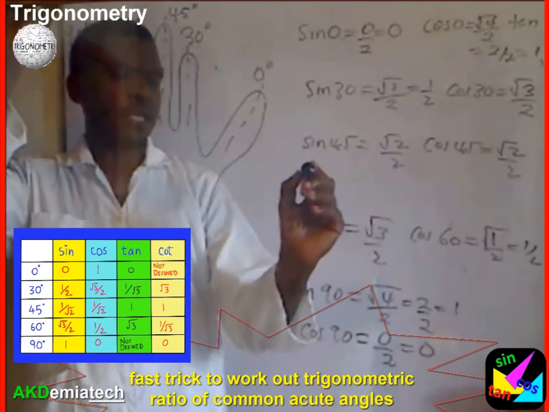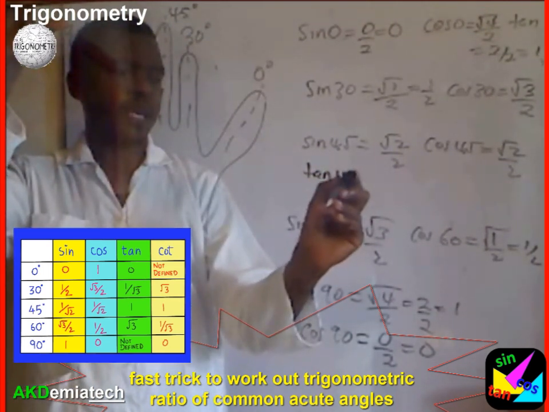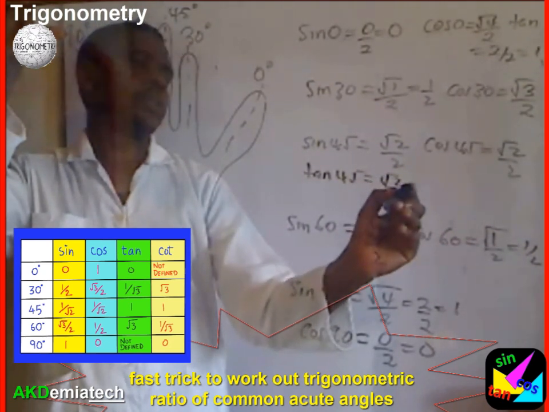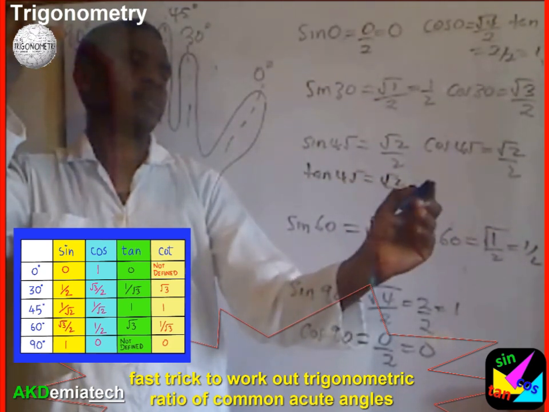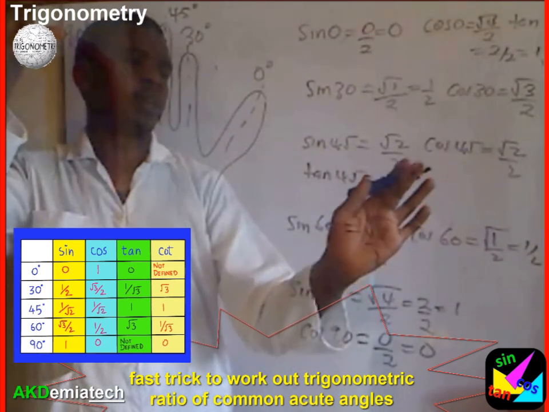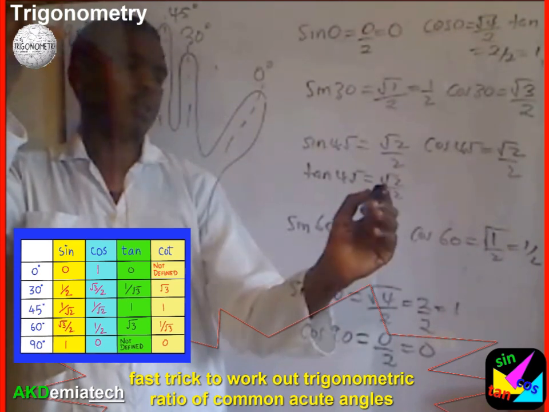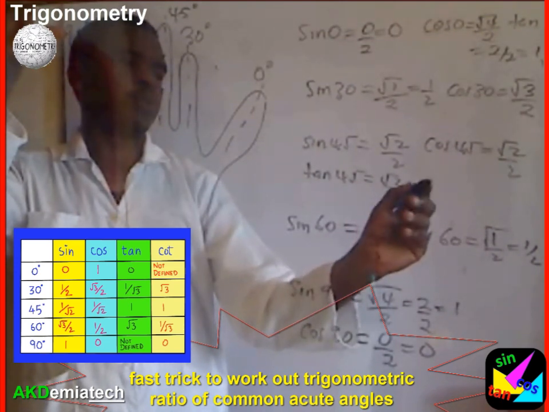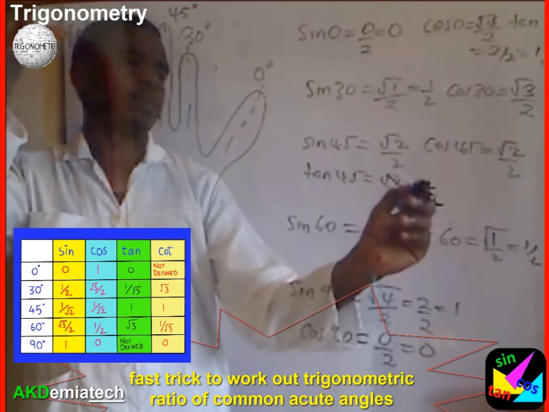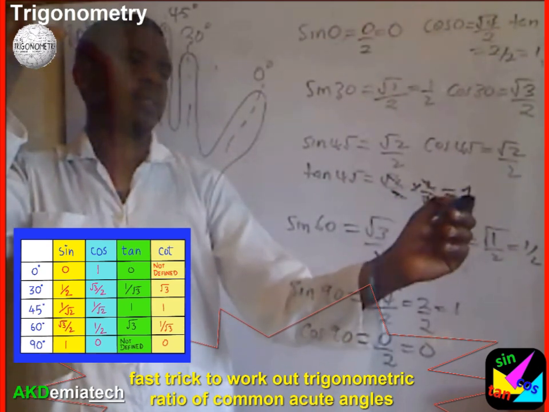So to get tan 45 will give us root 2 all over 2 divided by root 2 all over 2, which becomes root 2 all over 2 times 2 all over root 2. So this will cancel, equals 1.